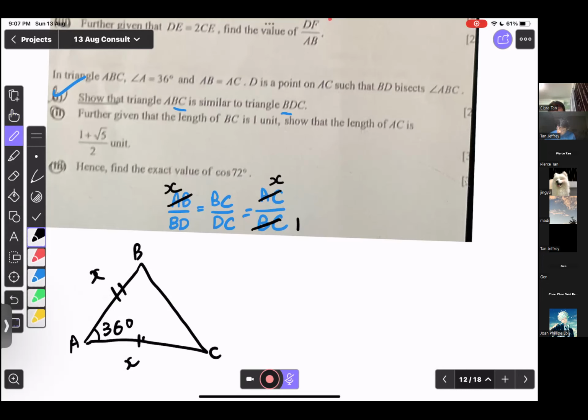D is a point on AC such that BD bisects angle A. So B is somewhere here, and D. Then they tell me that BC is 1 unit.